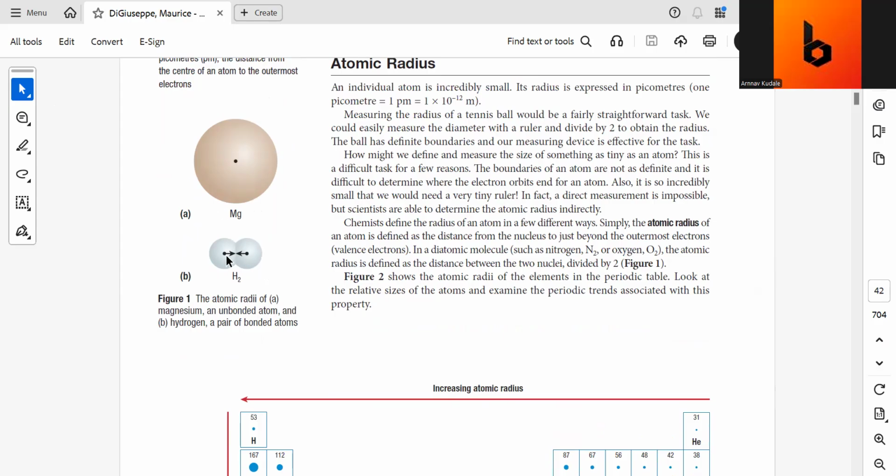If you see hydrogen over here, have you heard of HOFBrINCl? HOFBrINCl are the gases on the periodic table which are diatomic: hydrogen, oxygen, fluorine, bromine, iodine, nitrogen, chlorine. It's better you make a note of it somewhere.